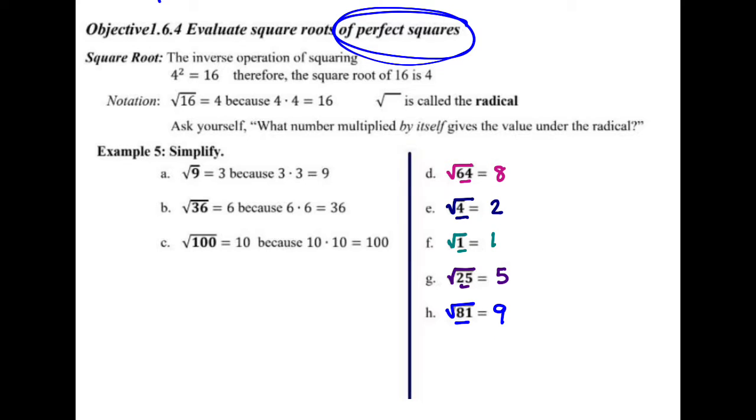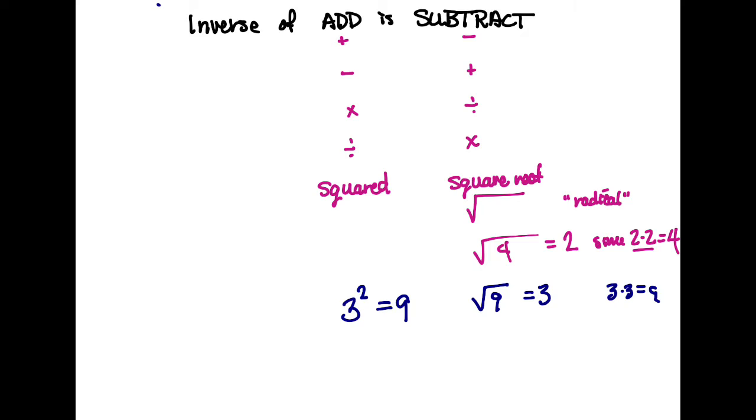Okay, back over to our blank page here. If we had the square root of 4, we know the answer is 2. The square root of 9, the answer is 3. Because 2 2s give you 4, and 3 3s multiplied together give you 9.